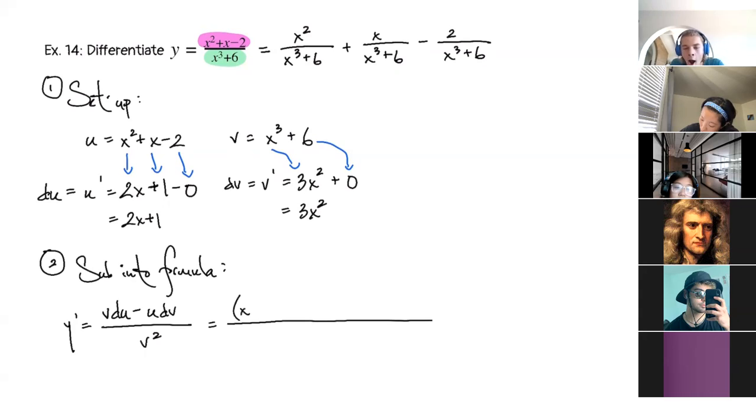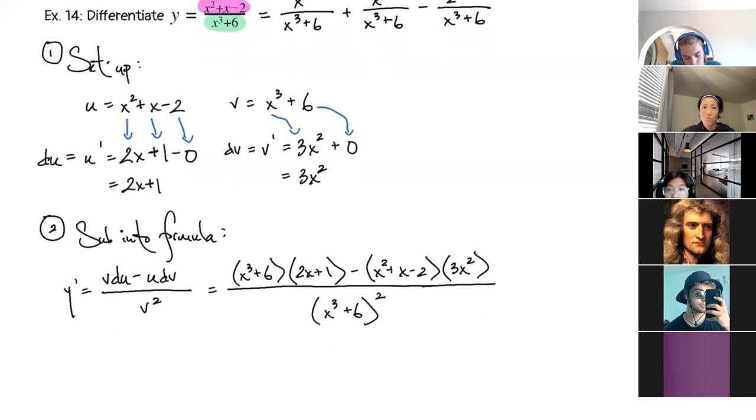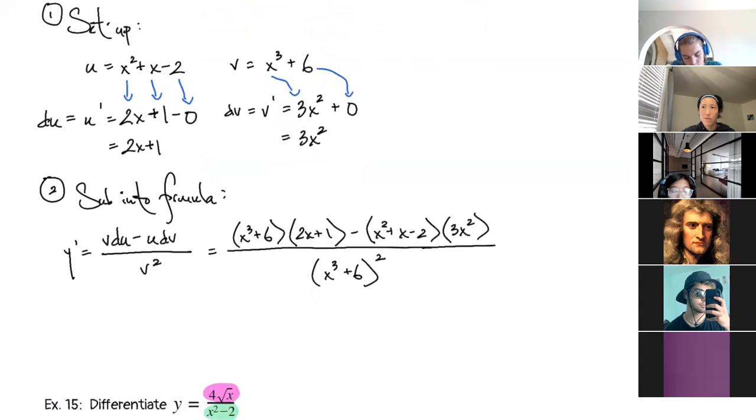So x cubed plus 6 times 2x plus 1 minus x squared plus x minus 2 times 3x squared all over x cubed plus 6 squared. Okay. So let's take a moment, make sure that that setup gives us the substitution, that we put everything in the right place.